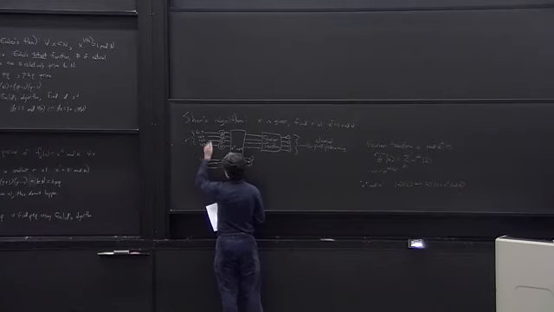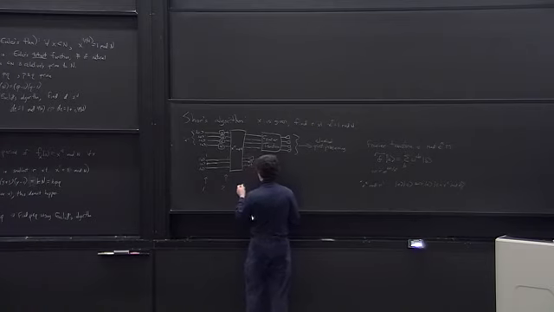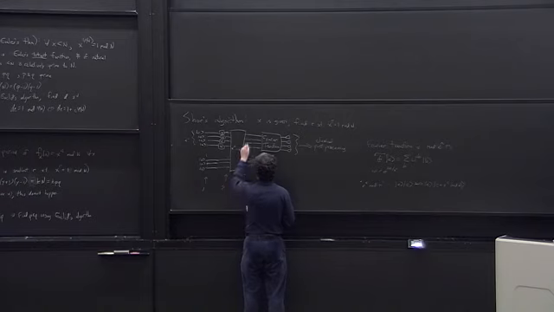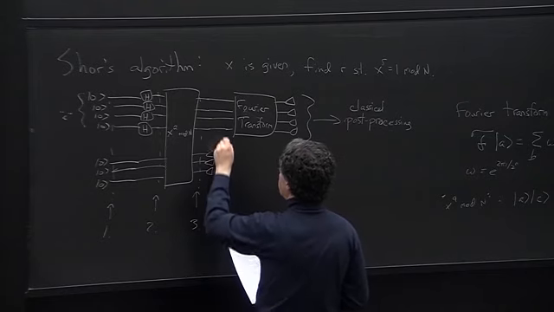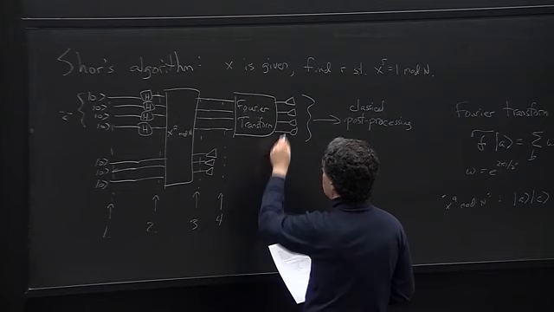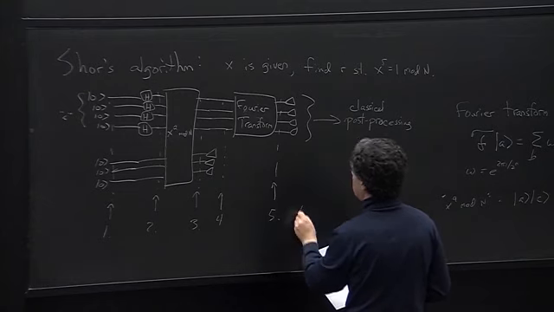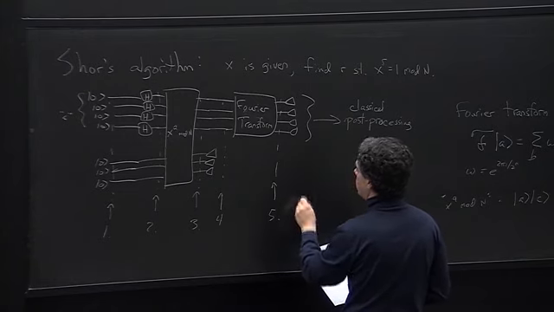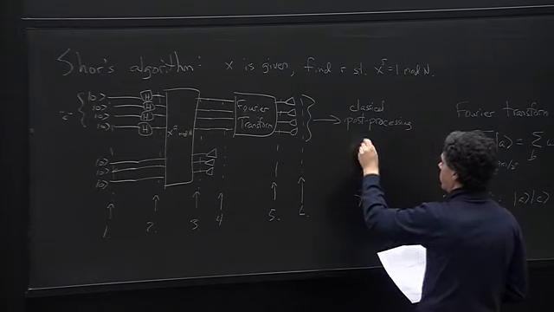This here will be step 1. At this point, that's step 2. Then this point here is step 3. Sorry, this point here is step 4. This is step 5. Step 6 is this measurement. And then the classical post-processing will be step 7.